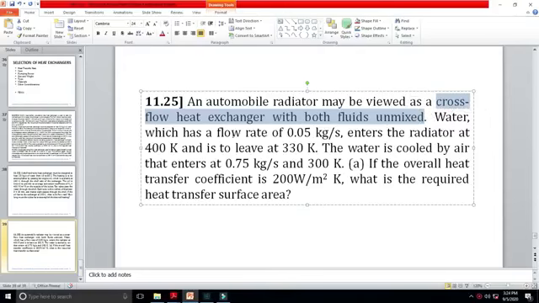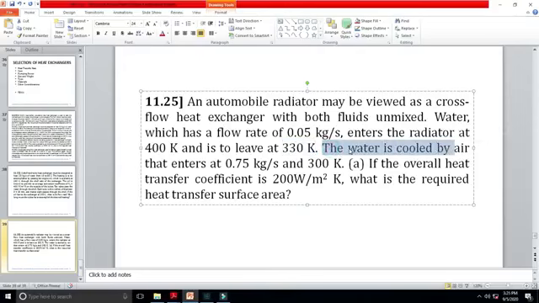It says that water, which has a mass flow rate of 0.05 kilograms per second, enters the radiator at 400 Kelvin and leaves at 330 Kelvin. And the water is cooled by air.